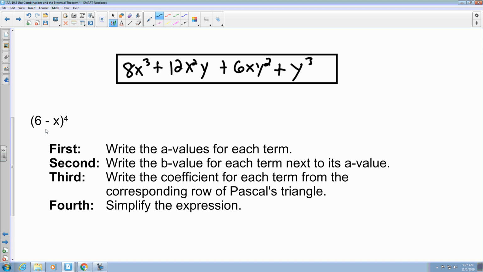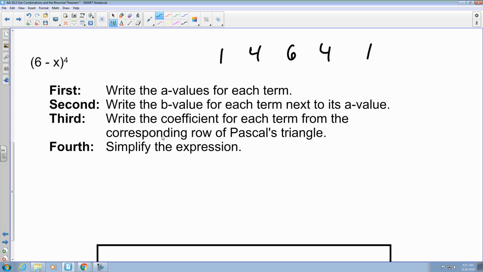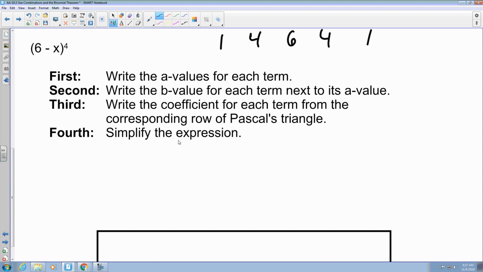Okay, so if I look at 6 minus x, again, now it's the fourth power, so it's just like what we used in the previous example. We're using 1, 4, 6, 4, 1. And we can go and say, all right, so instead of writing C, I'm just going to write whatever these are here.